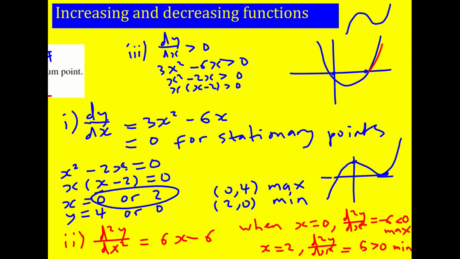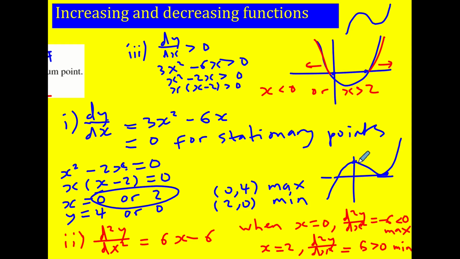It's this side here, and this side here. So my answer is going to be x is less than 0 or x is greater than 2.